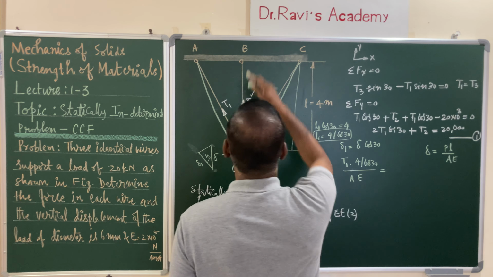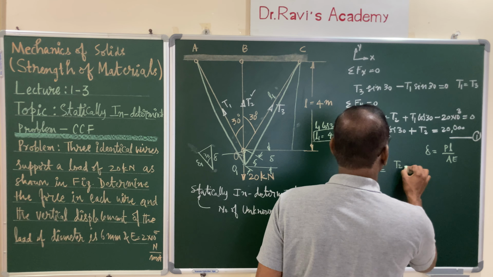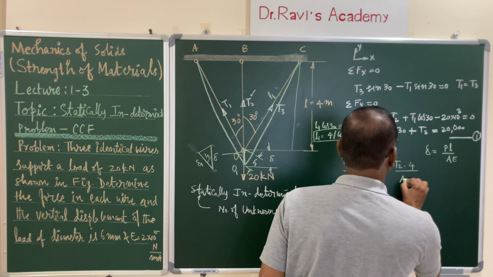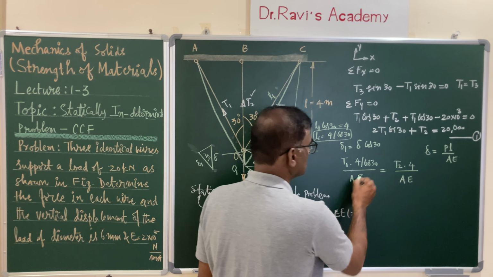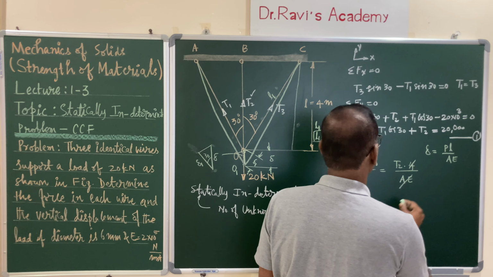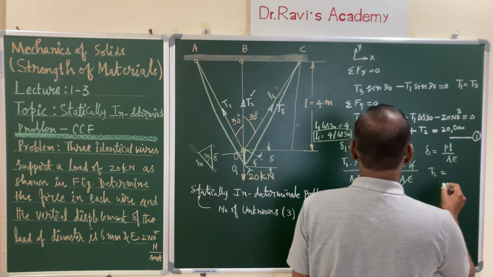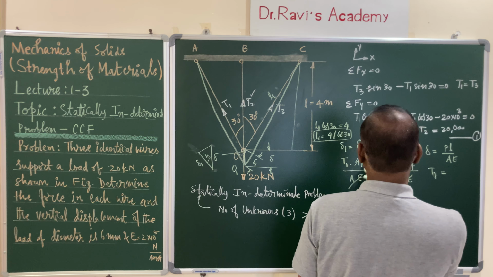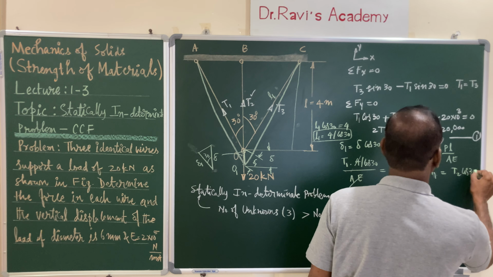So you can write down delta. Here delta is your OB wire, that is T2. So T2 into length, 4 meters, divided by AE. From this equation, of course, the 4 gets cancelled, and you have T1 equal to T2 cos 30.